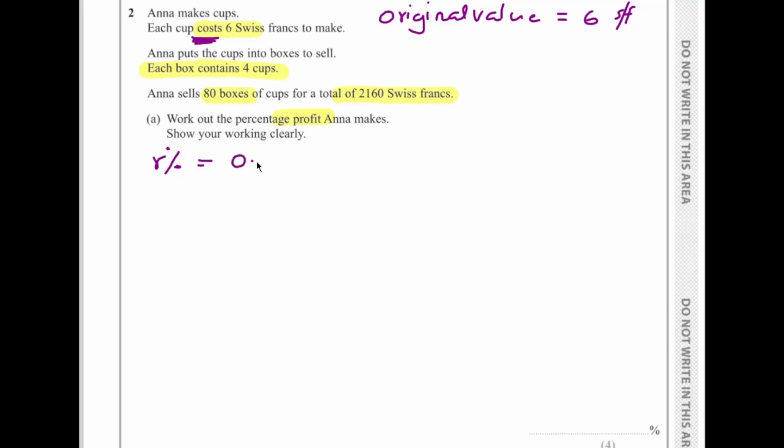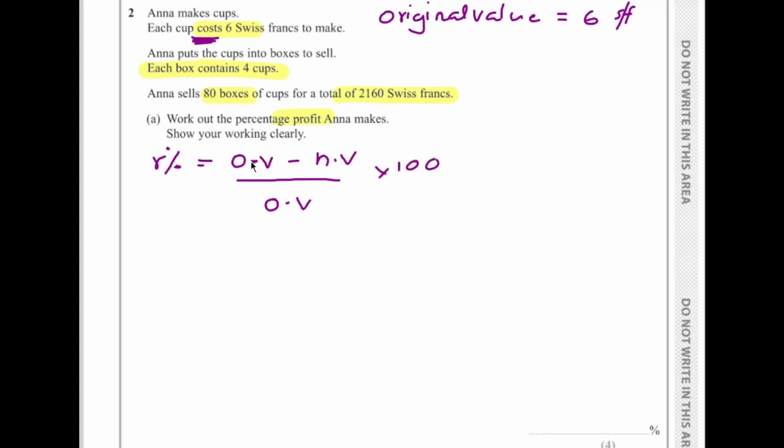It is old value, which is original value, minus new value, which is selling price or after-effect value. It means original is here, then 1% is applied and the value gets changed. That value is new value over original value into 100.